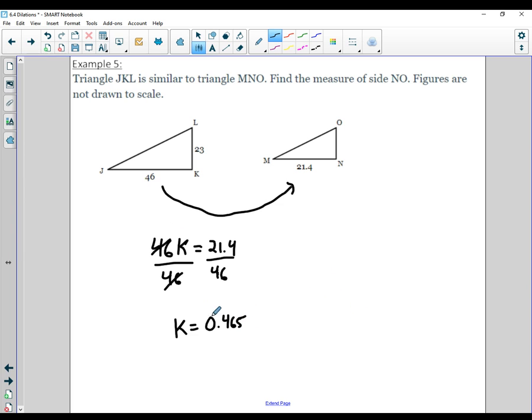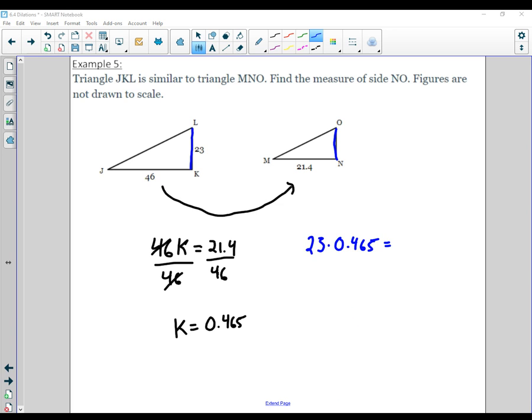And that makes sense that it's less than 1, right? Because if I'm going from 46 to 21.4, I should get a smaller number, so I want to multiply by a number less than 1. So, okay, now that we have our scale factor, and we want NO, this side right here, and that correlates to this side here. Again, it's proportional, so if I multiplied 46 by 0.465 to get 21.4, then I should also multiply 23 by 0.465 to get that side.